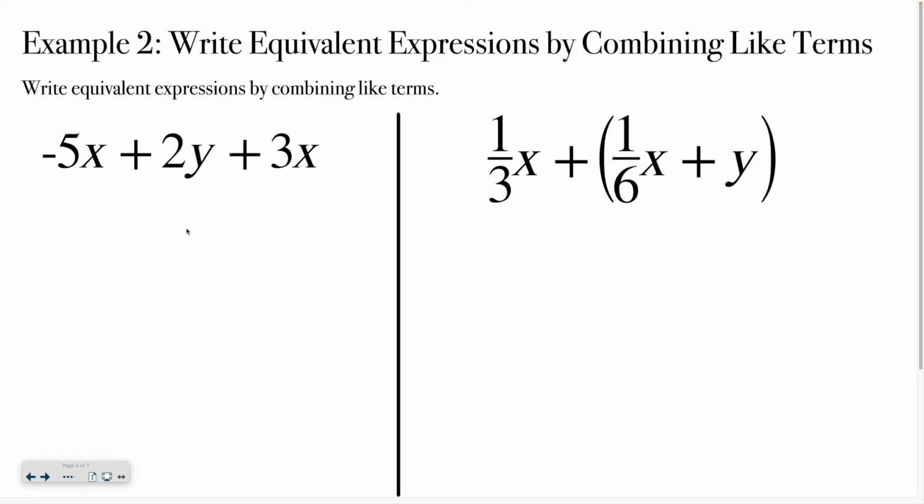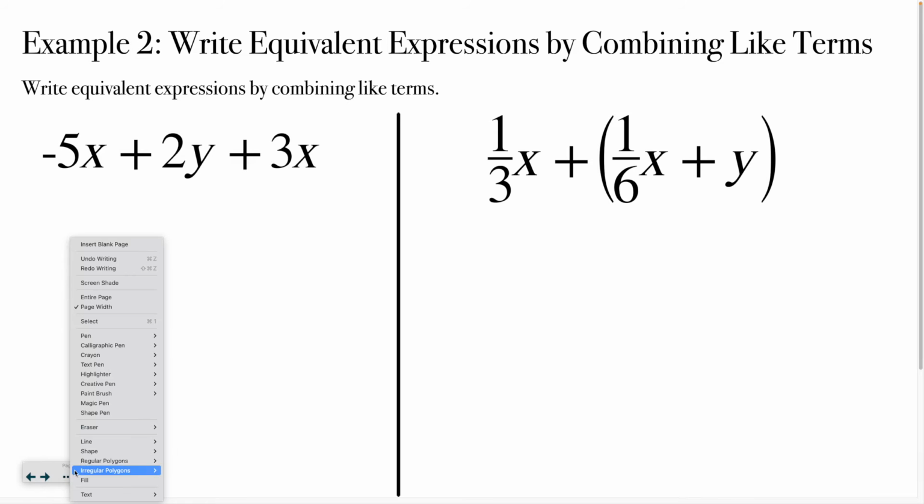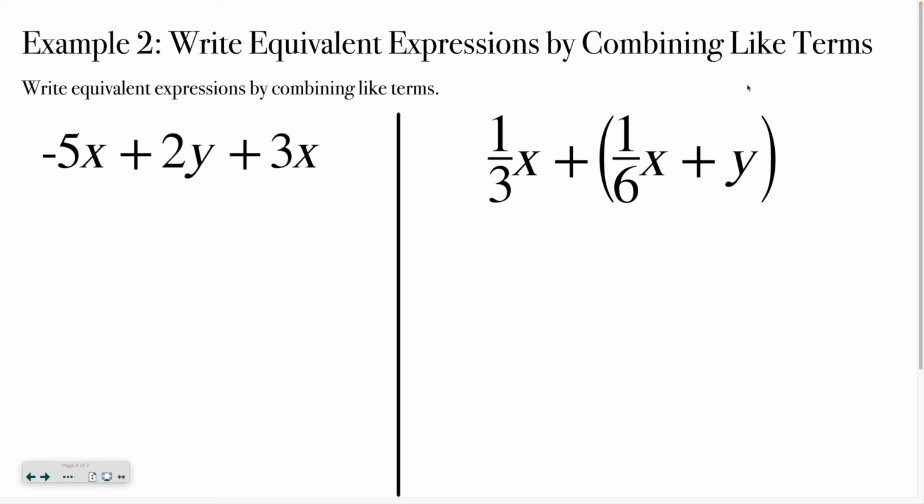Now, example 2, writing equivalent expressions by combining like terms. And we'll dive deeper into combining like terms later this chapter as well, okay? But for now, let's practice writing equivalent expressions by combining like terms. We're going to deal with some pretty simplistic stuff right now. I see for this first one, I have negative 5x plus 2y plus 3x.